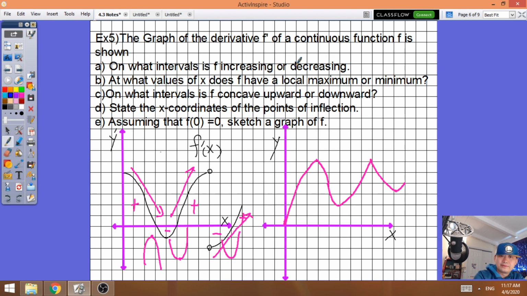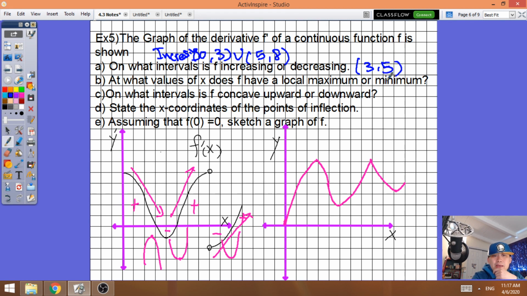The increasing interval is from 0 to 3, and also from 5 to 8. Now, what about the decreasing interval? It's only from 3 to 5.